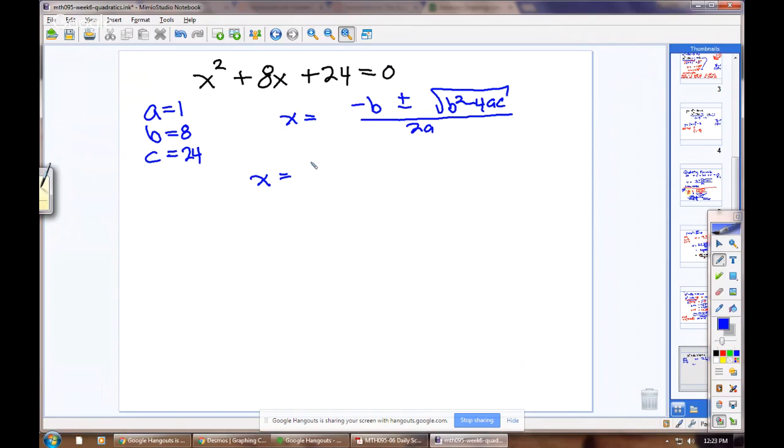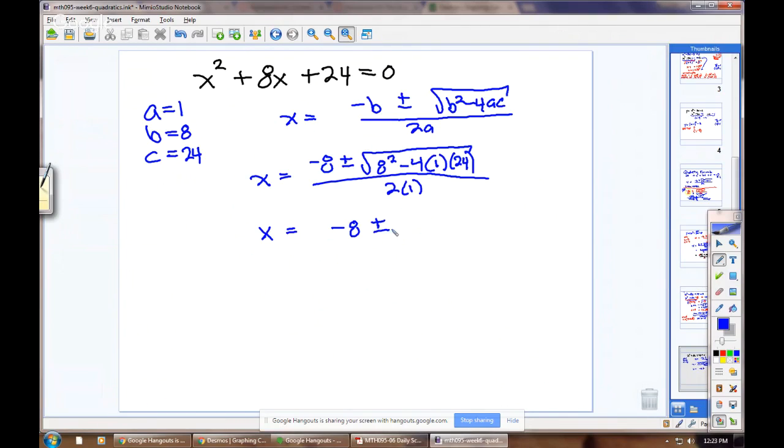So opposite of negative 8, plus or minus the square root of 8 squared minus 4 times 1 times 24, all over 2 times 1. Then clean it up a bit. So that gives me negative 8 plus or minus, what are we going to get here? 8 squared is 64.